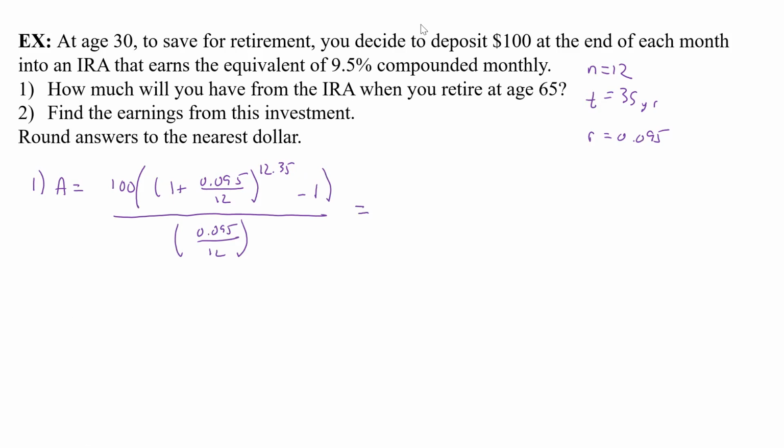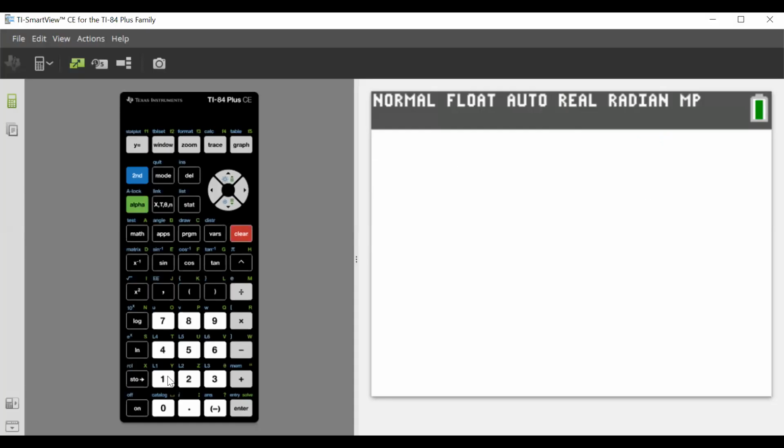So let's type all that into our calculator. We had 100 times, then 1 plus 0.095 divided by 12, raised to the power 12 times 35.